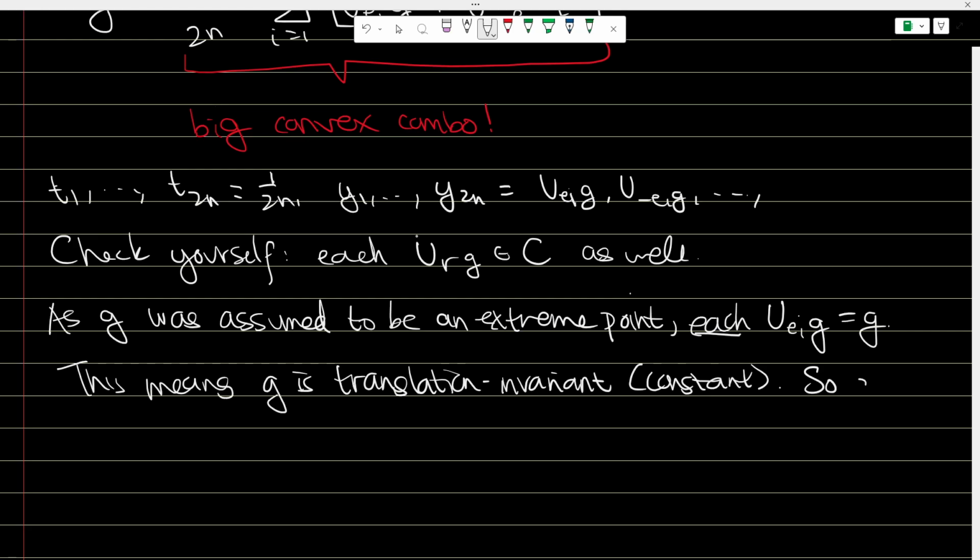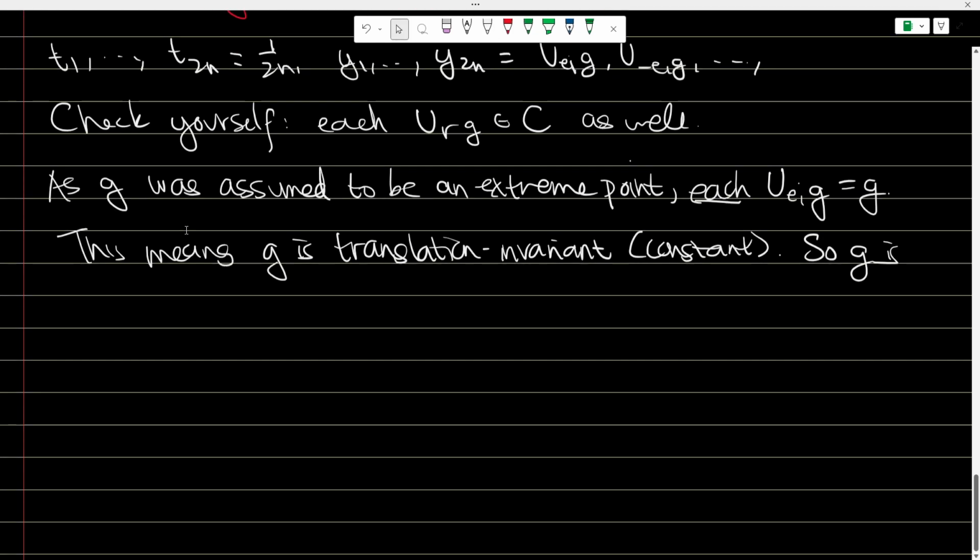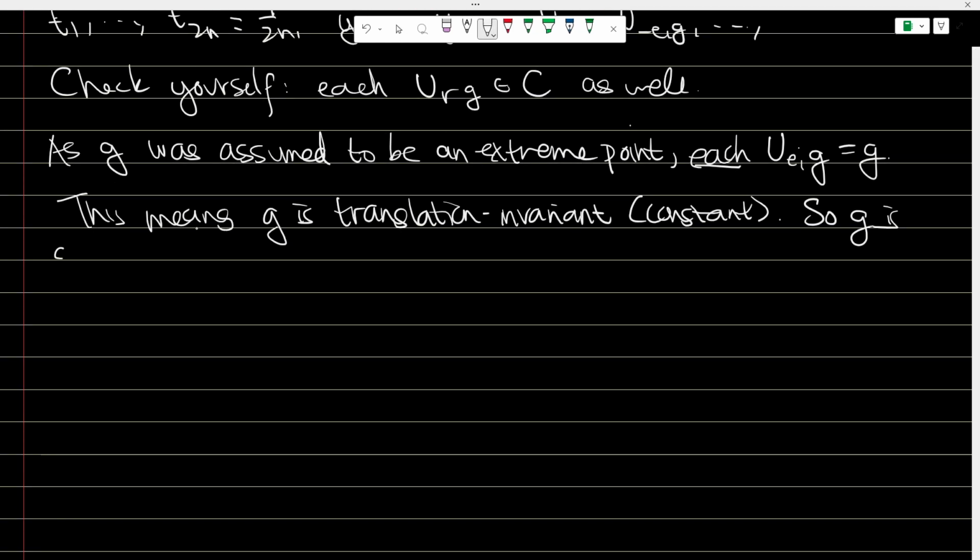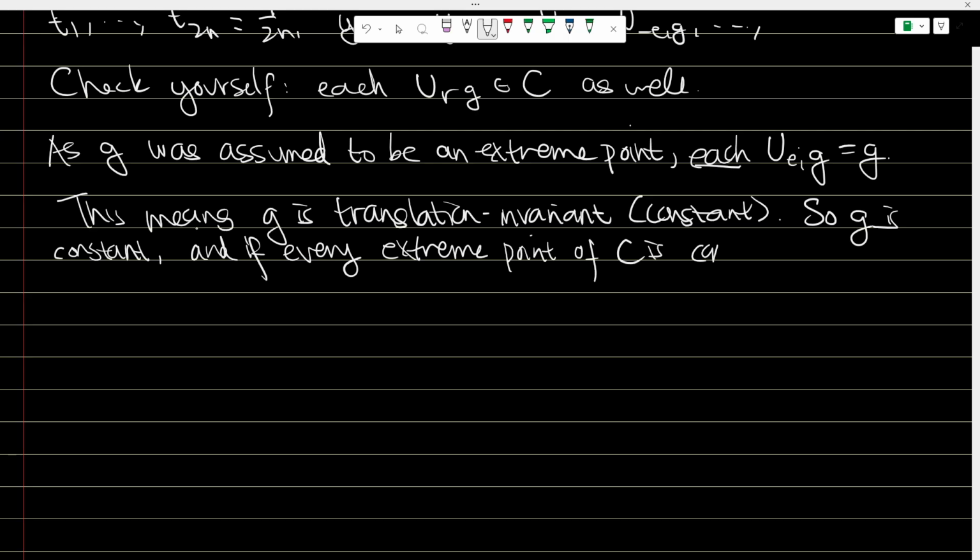So G is constant. And if every extreme point of C is constant, then all of C consists of constants, because it's the convex hull of these.